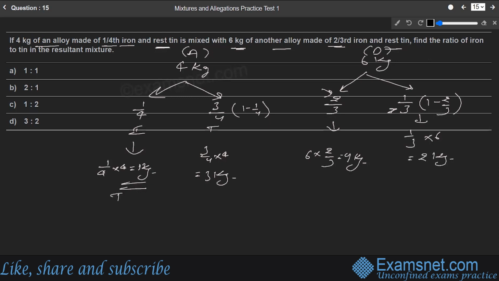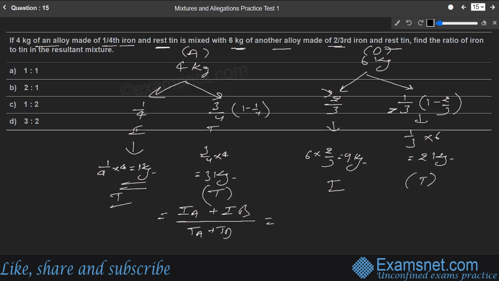So these are the iron parts, and these are the tin parts of both types of alloy. They are saying they are mixed up. So if we mix them, we are supposed to give the ratio of iron to tin. So let us take the iron from the A alloy and iron from the B alloy, and divide this by tin from the A alloy plus tin from the B alloy.